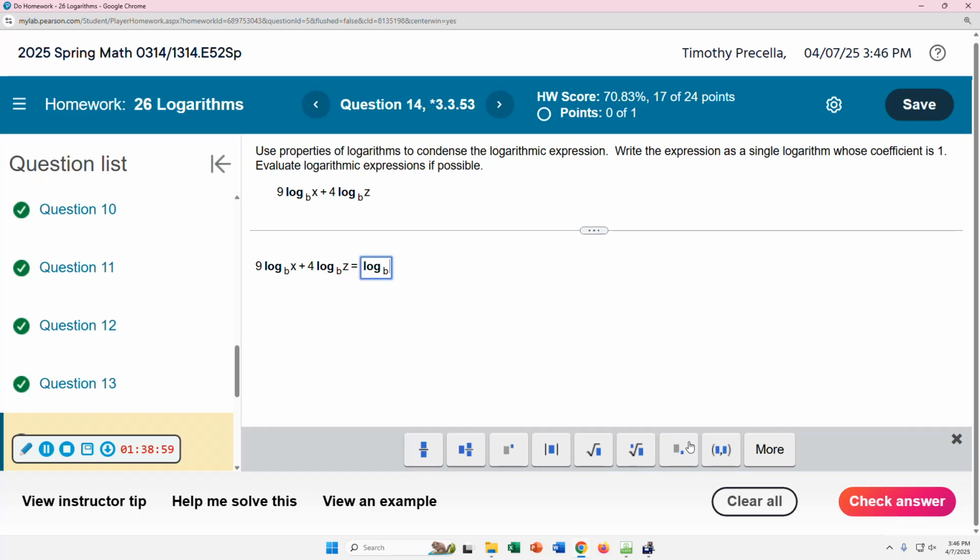Y'all want to call out what I'm going to type in next? Will there be a minus or a division, a fraction bar? No. So if we're not dividing, what's the only thing you can do to x and z? Multiply. So it's x. Does x have an exponent? If so, what is it? 9. Okay. X to the 9th. Get out of that exponent. What else do we have? Z to the 4th.